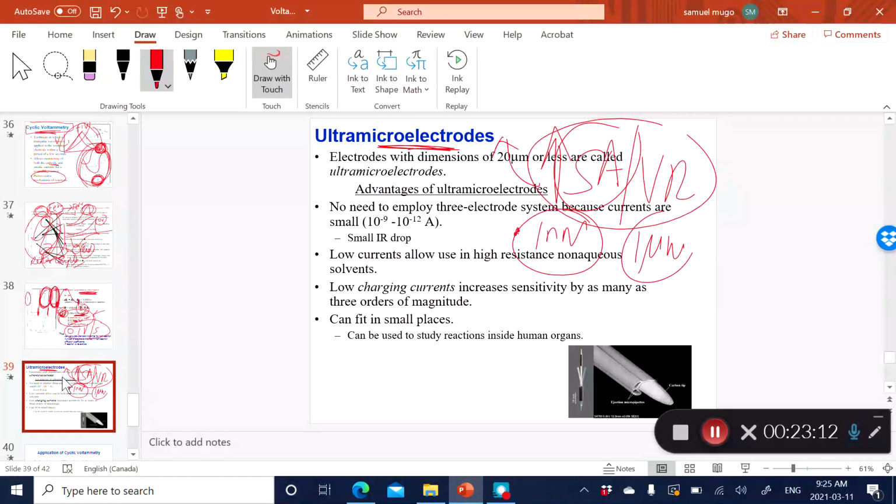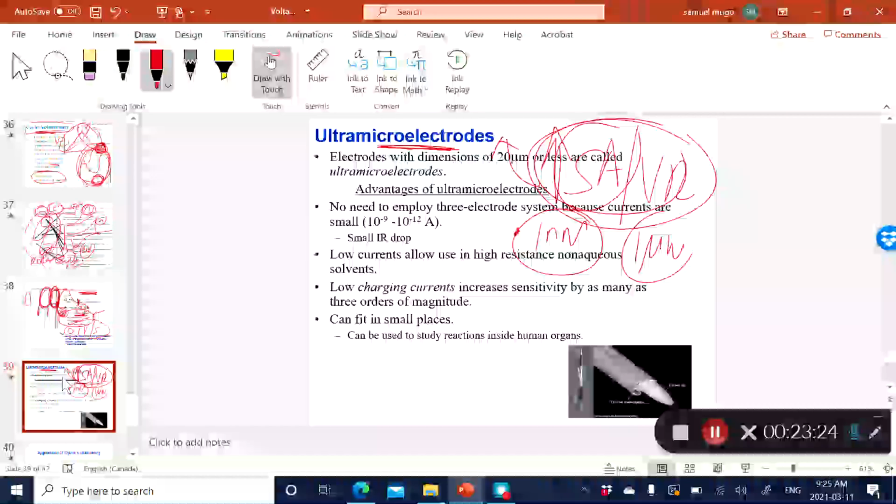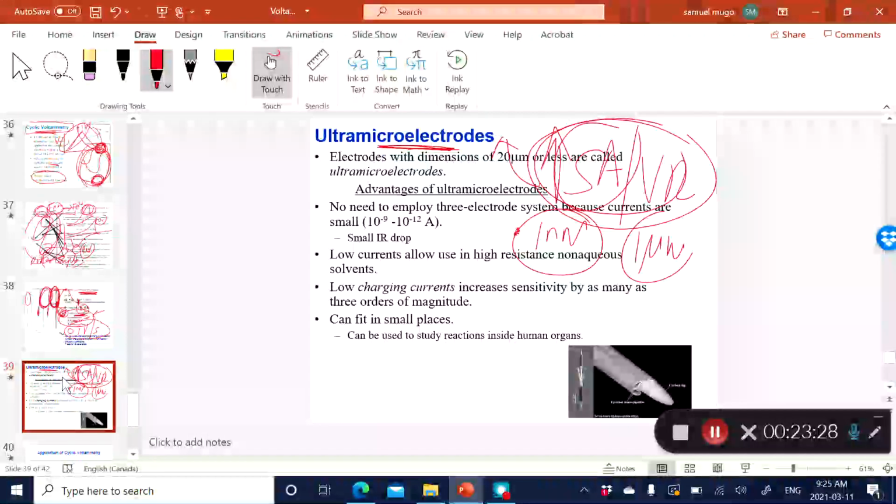Often they have a higher surface area to volume ratio, which we try to make use of when doing electrochemistry. So miniaturization can be a very good thing. Sometimes smaller is better.